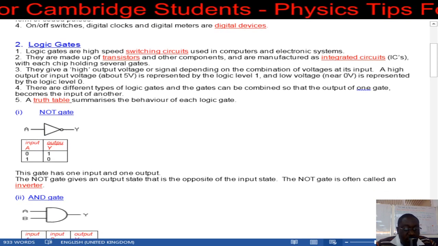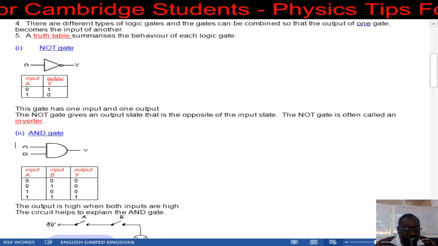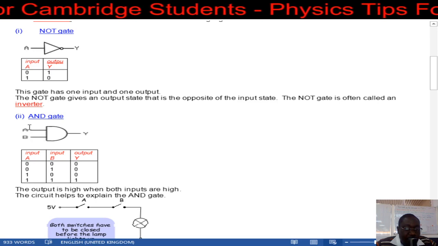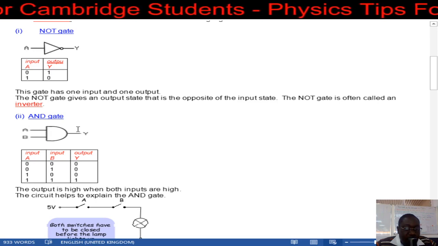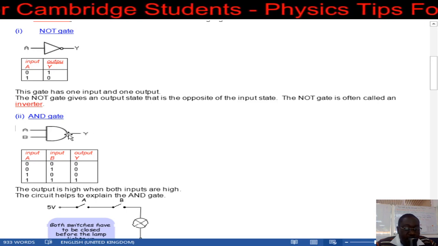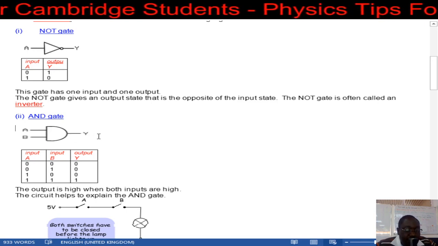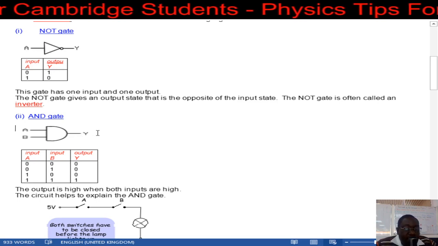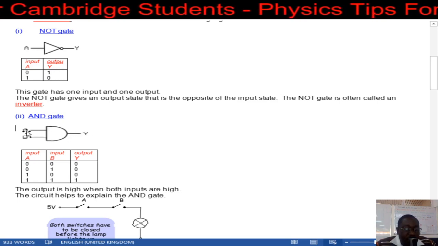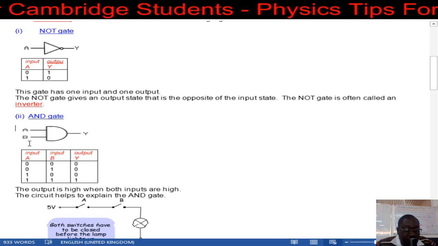Then the next logic gate is the AND gate. Now AND gates have two inputs, A and B, and they've got one output Y there. So the AND gate gives a high state output if both A and B are high state.